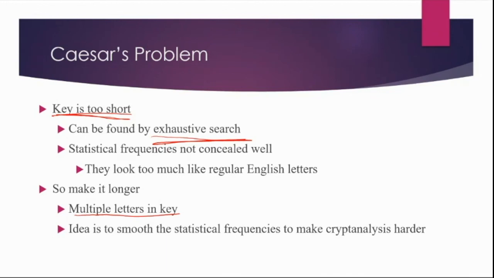The overall idea is to make this statistical frequency curve smoother, so that it can cover more number of samples. It is just to make the cryptanalysis a little harder. They have to work a lot more to break the given algorithm.